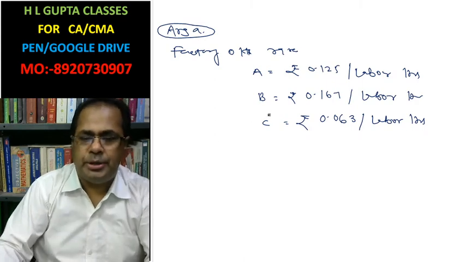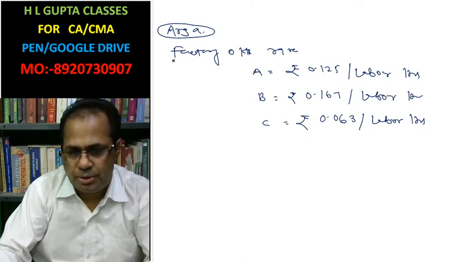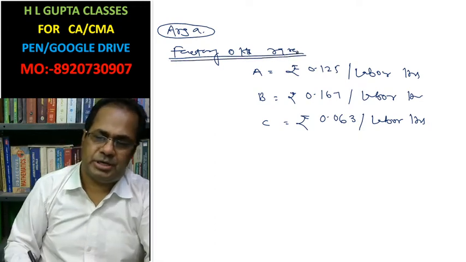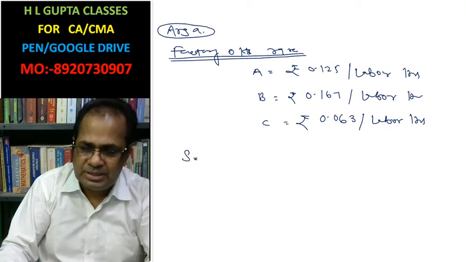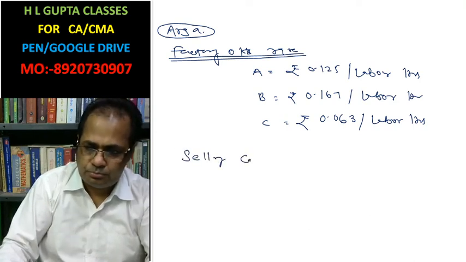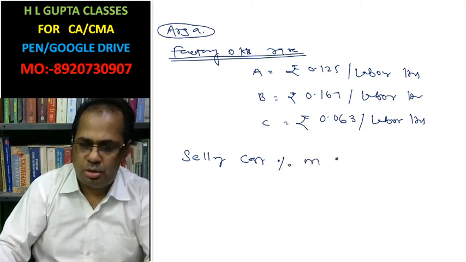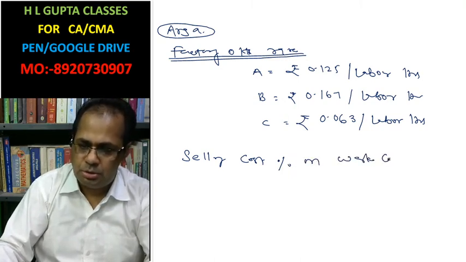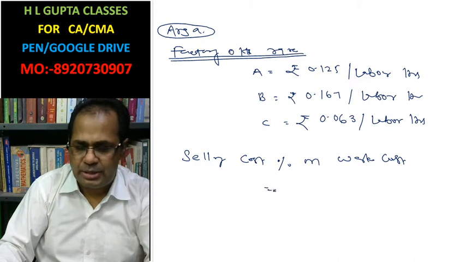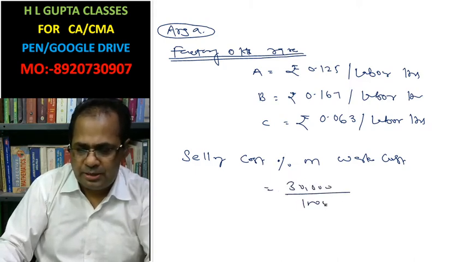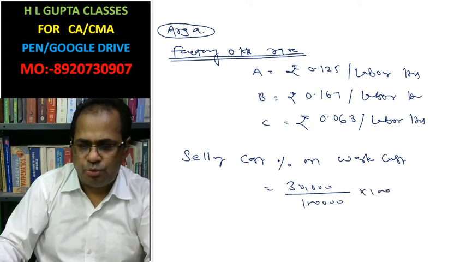This is the factory overhead rate. Selling cost percentage on work cost: we have calculated 30,000 over 1 lakh into 100, this is 30%.